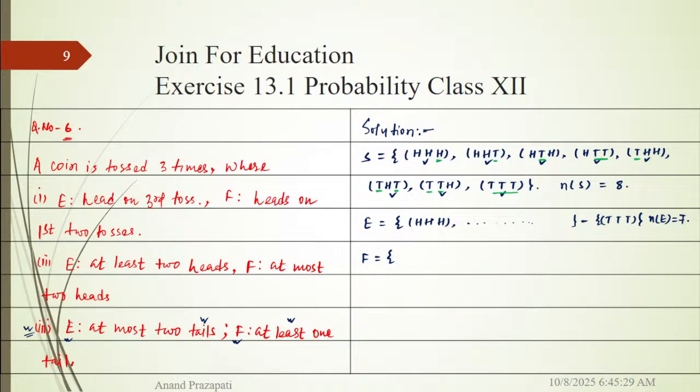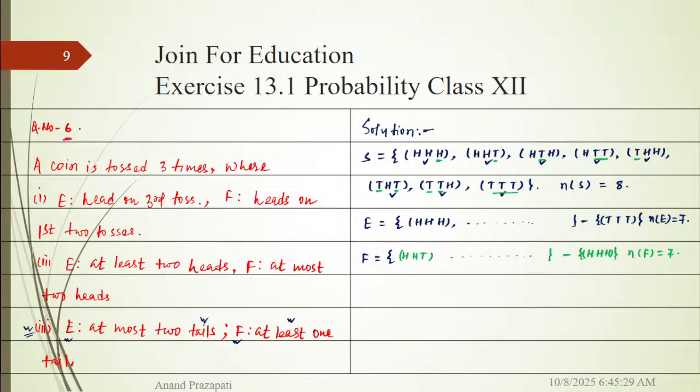So we write down here H, H, T, or we write down all sample point except H, H, H. So here number of F will be also 7. After there is no problem to understand up to this step.